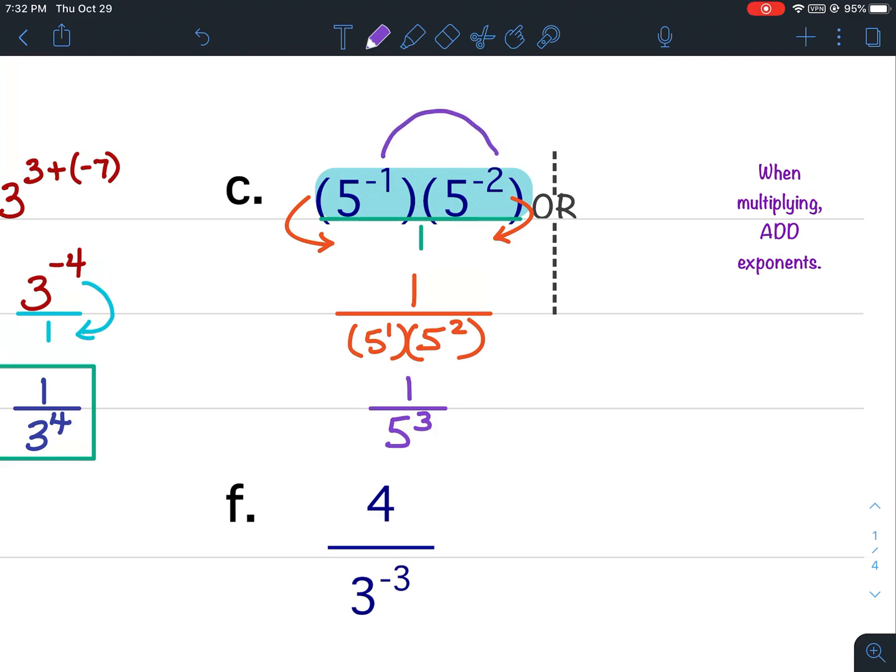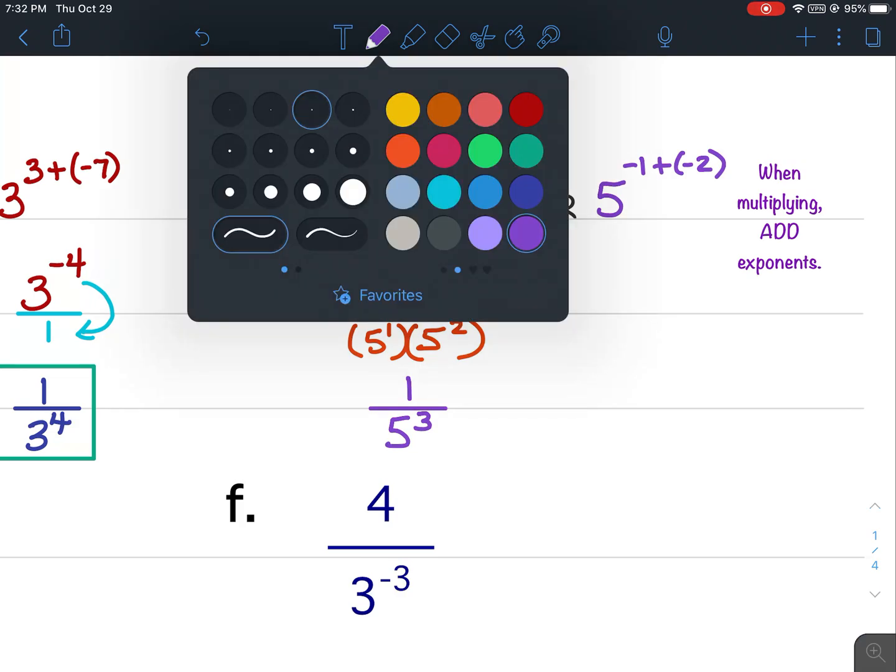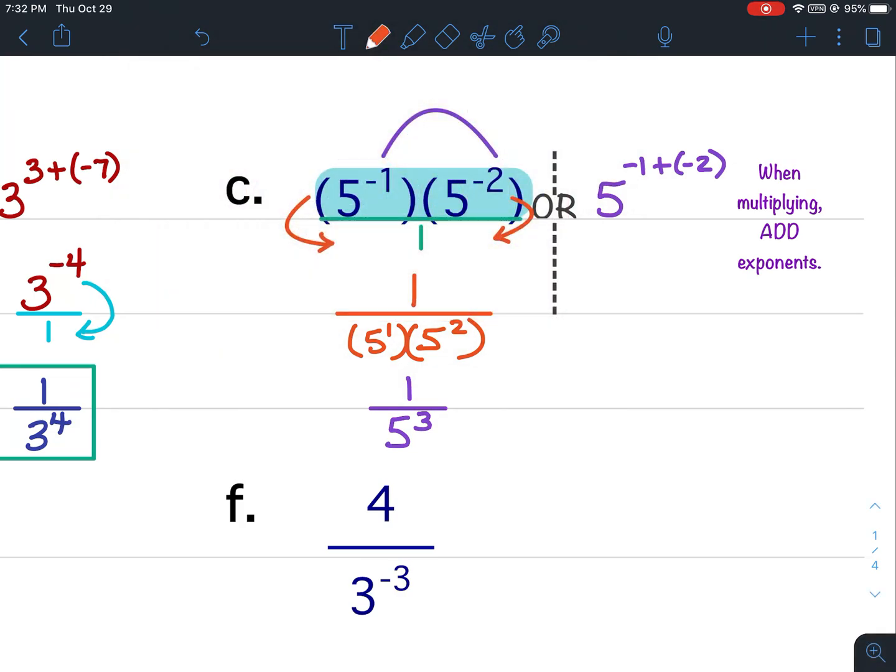The other way would be to add these exponents. So 5 to the negative 1 plus negative 2. Those signs are the same, so I'm going to add and keep the sign. That would be 5 to the negative 3. Well, I've got a negative exponent. I need to make it positive.